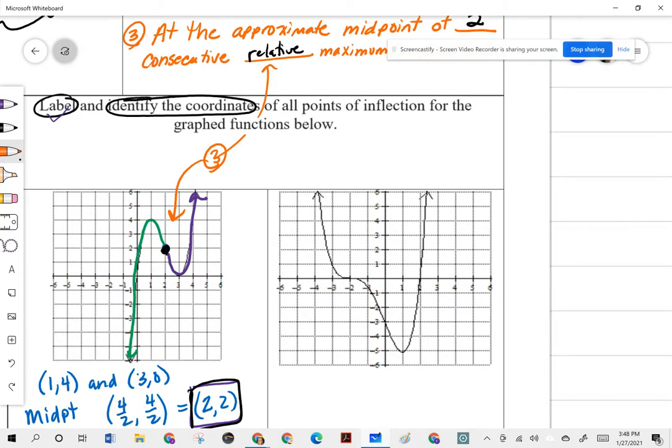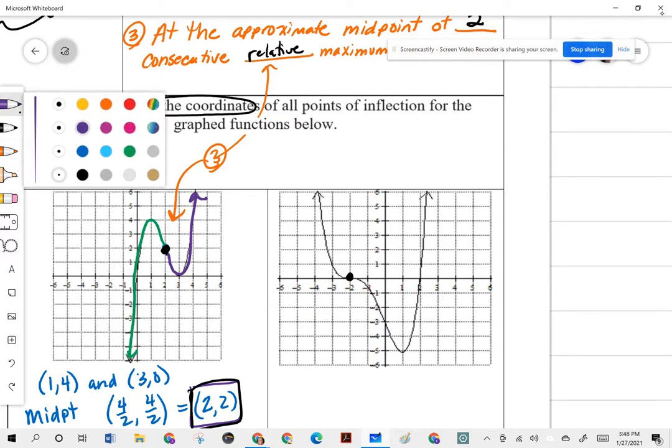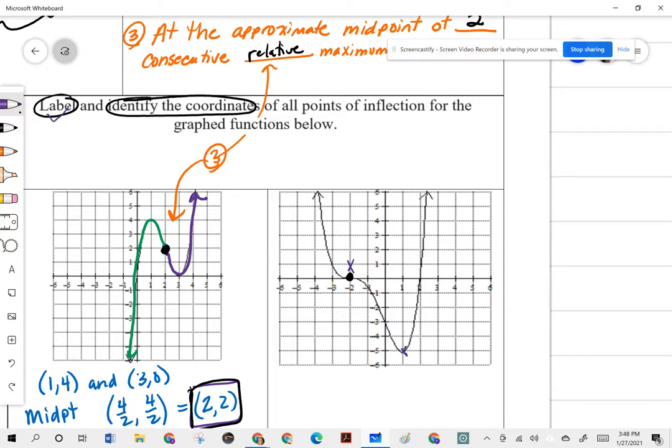So let's take a look at this one. We can definitely see that there is an inflection point right here, multiplicity of 3. We also need the halfway point between this point and this point. So we need to be able to find the midpoint of that. So we've got the point (-2, 0), and then we've got the point (1, -5).